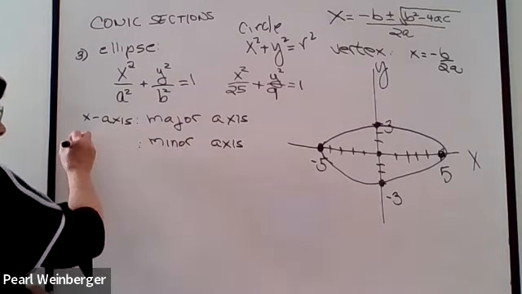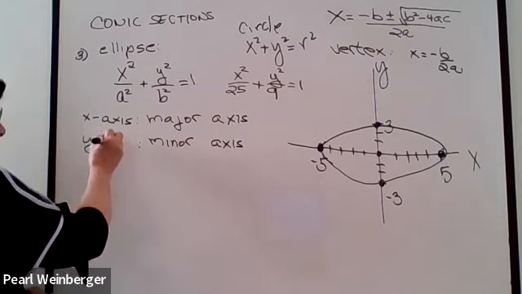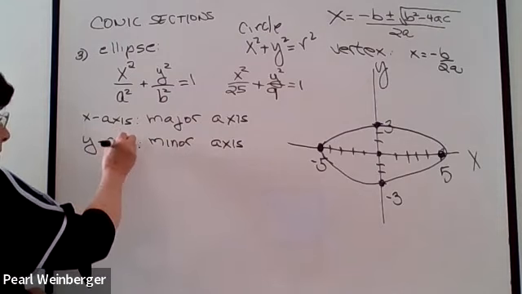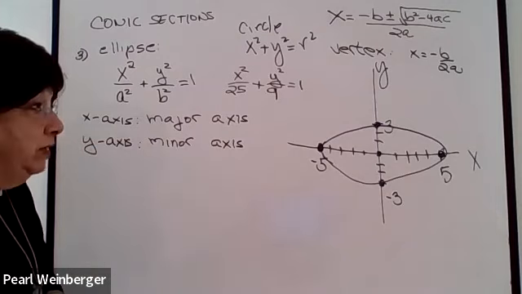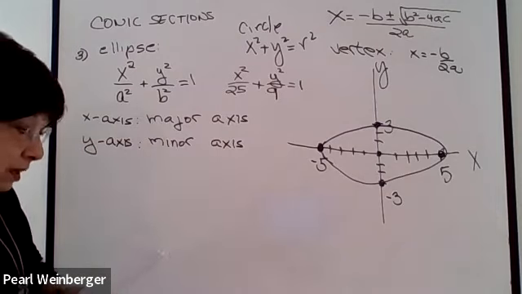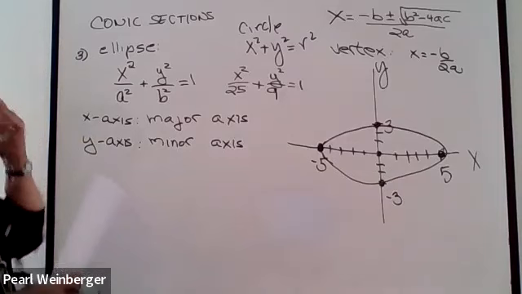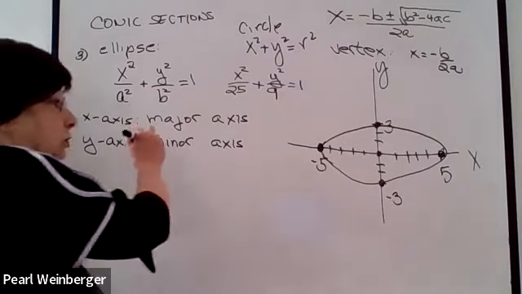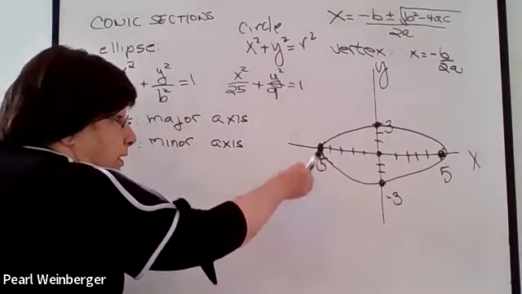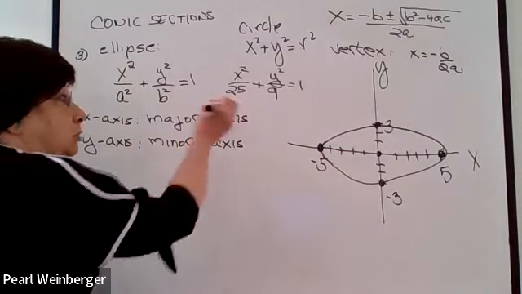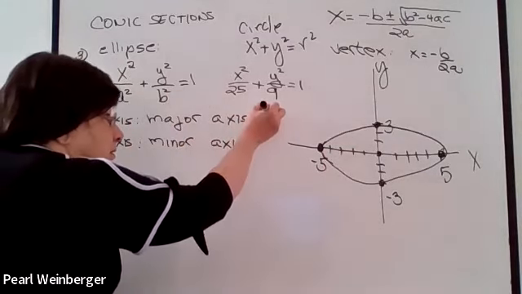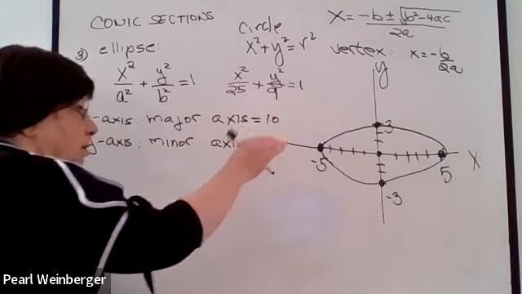The minor axis in this case happens to be along the y-axis. And we could even say how long the major axis is and how long the minor axis is. The major axis is going from -5 to 5, so its total length is 10.